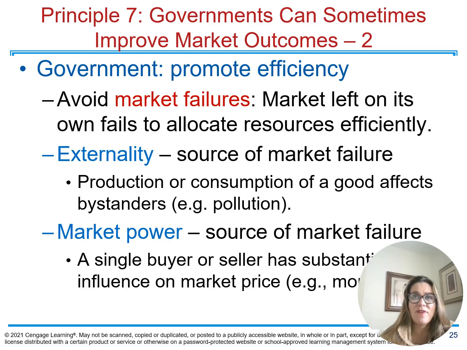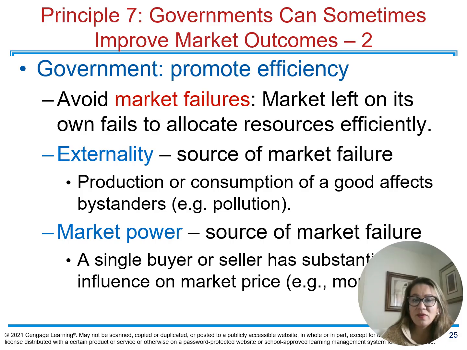The factory did not really open to produce pollution, or to contaminate the air or the water, but this is a byproduct of the production or consumption of a specific good. So that's externality.